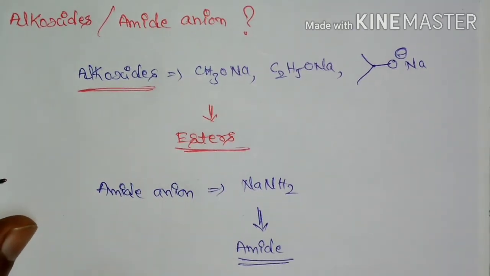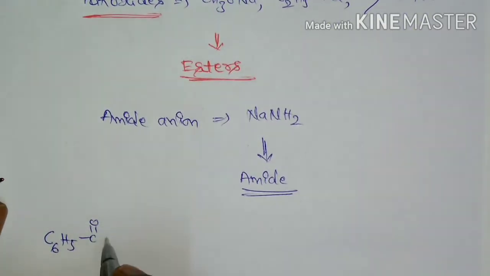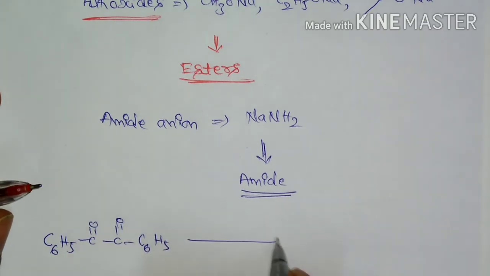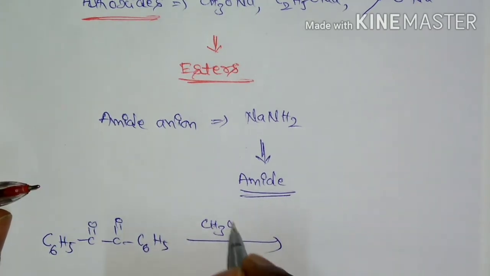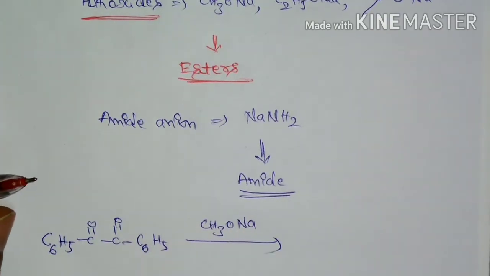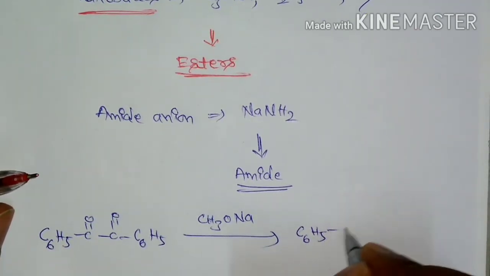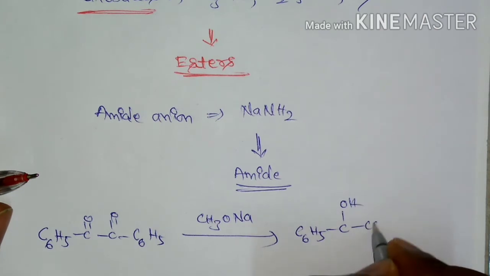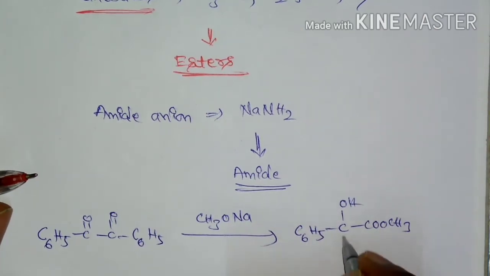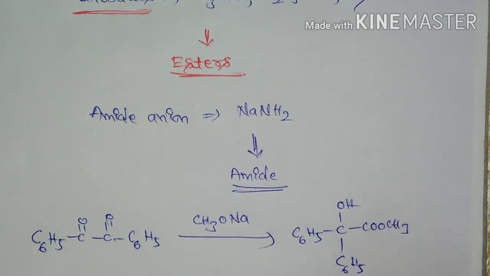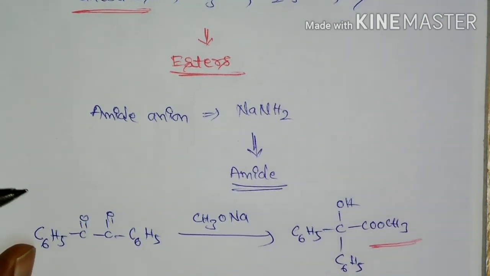For example, if you take benzyl and treat it with sodium methoxide, you are going to get the corresponding ester. This is the methyl ester.